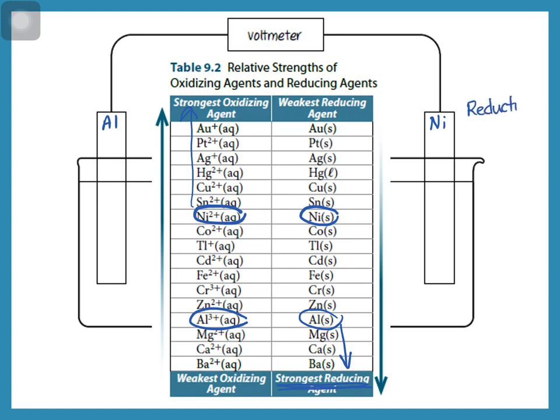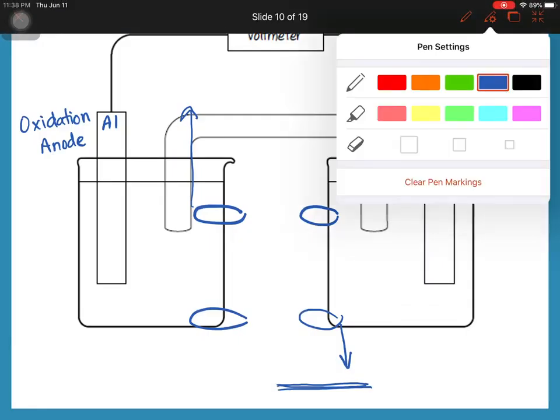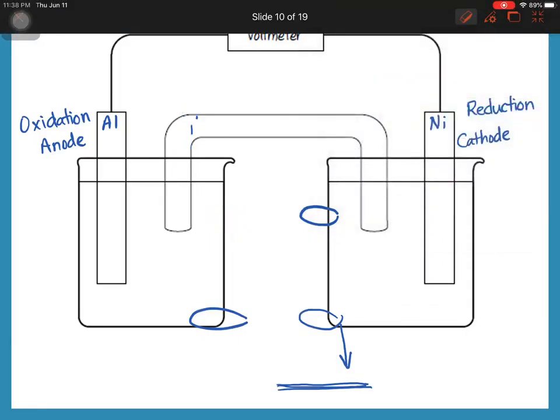And red cat, so reduction happens at the cathode. And then the strongest reducing agent is solid aluminum. Reducing agent is the thing that gets oxidized. So I have oxidation on this side, and an ox, so the anode is where oxidation occurs. Okay, and I'll just get rid of these markings.